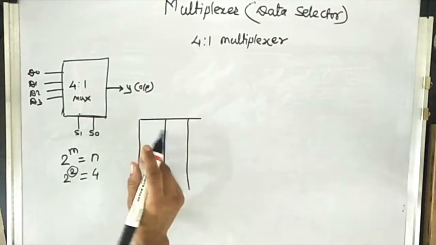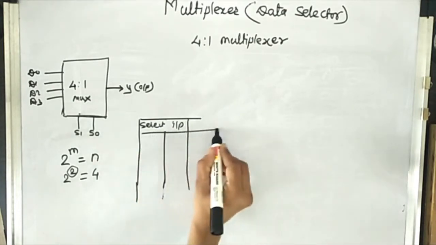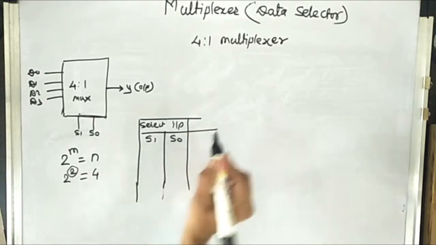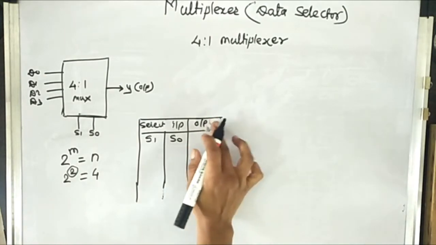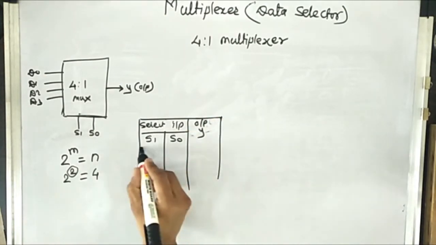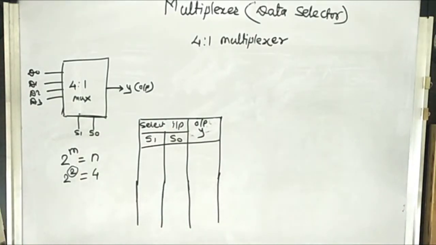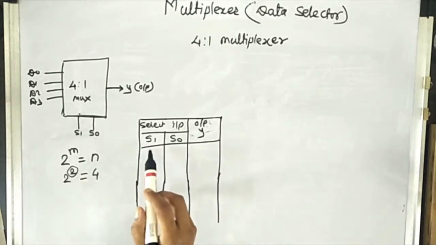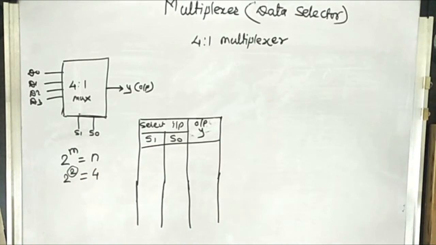We have the select inputs, that is S1 and S0, and an output Y. We have not included the inputs D0, D1, D2, D3 because depending on the combination of the S0 and S1 lines, we can select a different input at a time, and whatever data is available at that input will be obtained at the output Y.